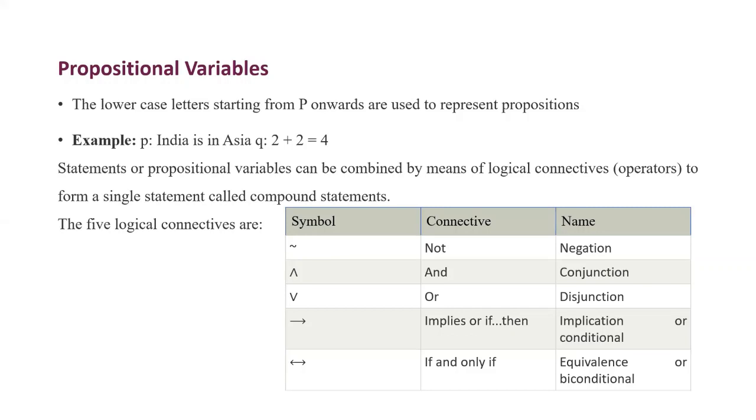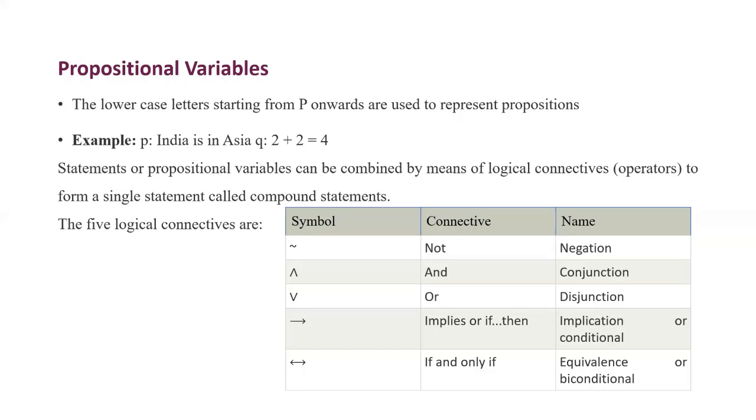There are five logical connectives: and, or, not, implies, that is if-then, and if and only if. If and only if is also called a biconditional, and implication is also called a conditional. These are the five logical connectives.